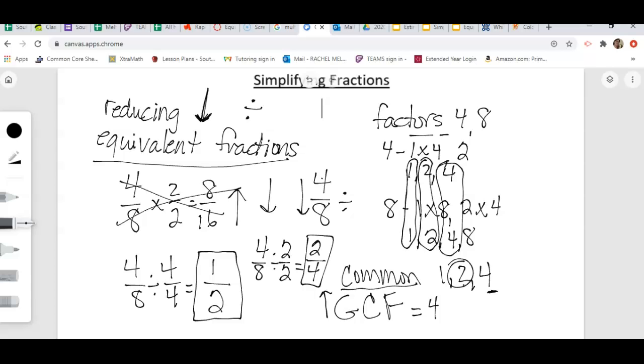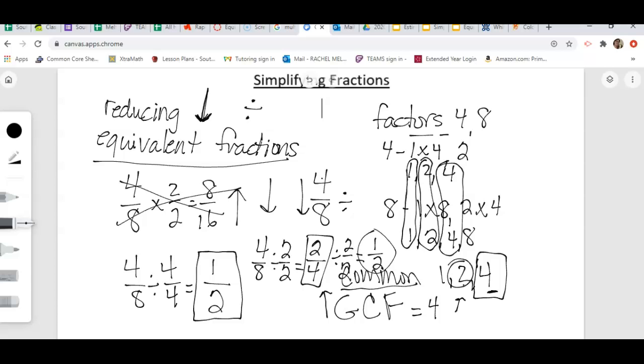That is not the simplest fraction because 1/2 is. So if I get this 2/4, I would then have to divide by 2 again to get my 1/2. So if I divide by a common factor, I can get to my answer. But if I divide by the greatest common factor, I usually only have to divide once.